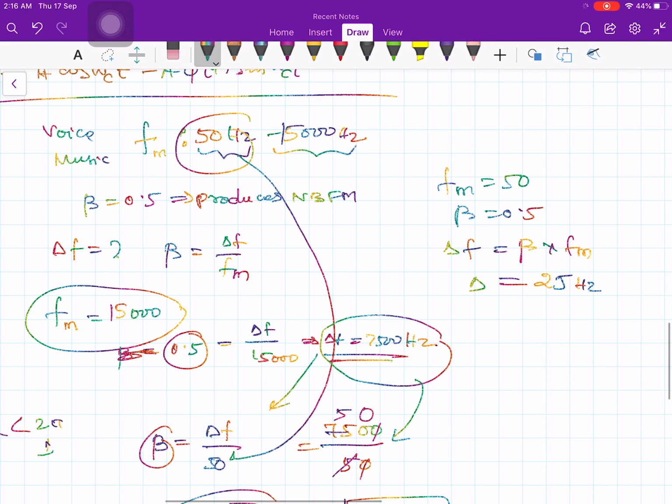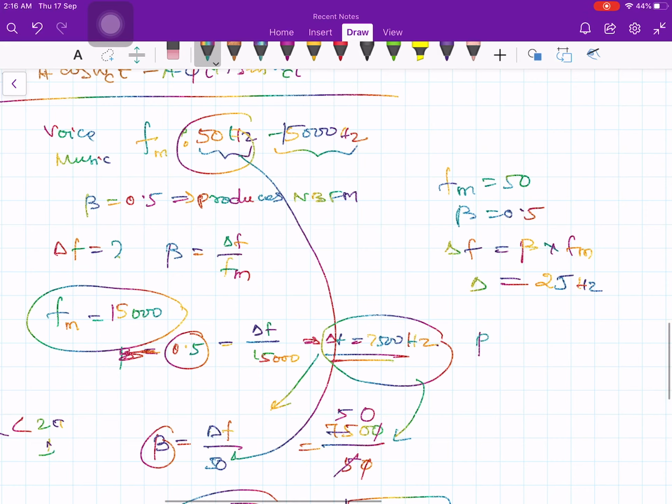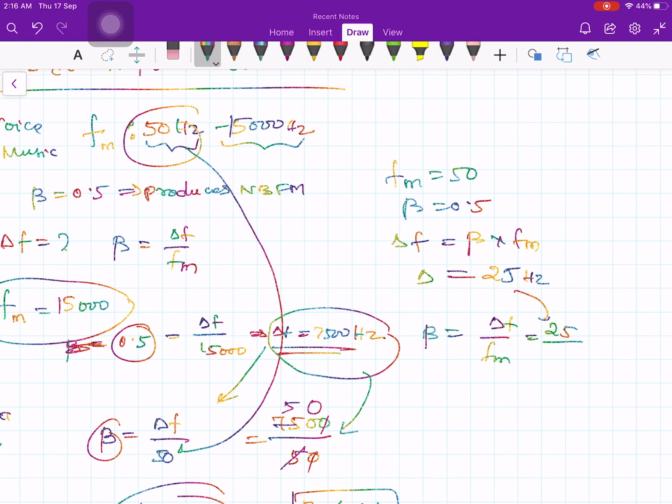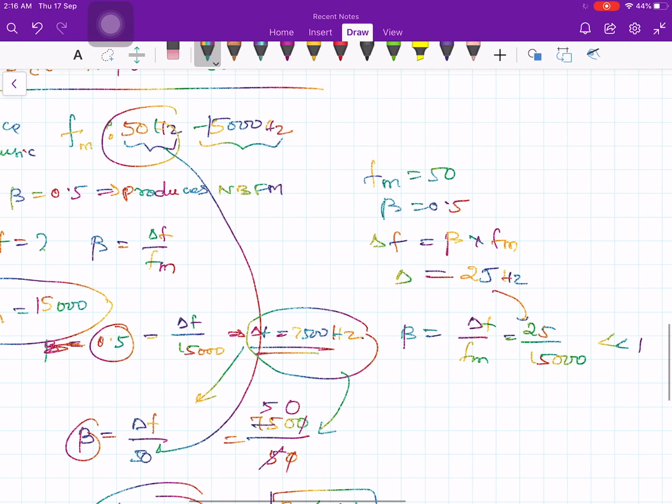Now what is the corresponding beta when the frequency is 15,000 Hz? In this case beta is equal to delta f by FM. Delta f, just now we got 25, divided by your FM. What is your FM? 15,000 Hz. Now this is much less than 1 if you calculate 25 by 15,000.